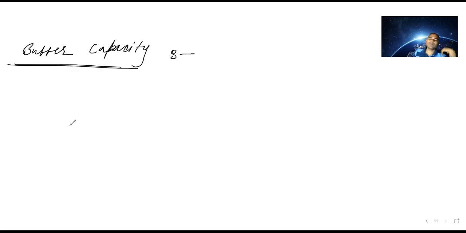Here is another topic, buffer capacity. It is also there in your syllabus. If you talk about buffer capacity, how can you understand it?